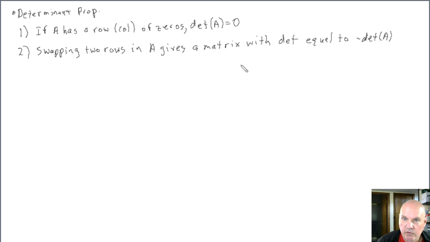So anytime you swap two rows or two columns, the determinant of the new matrix will be the negative of the determinant of the original matrix.